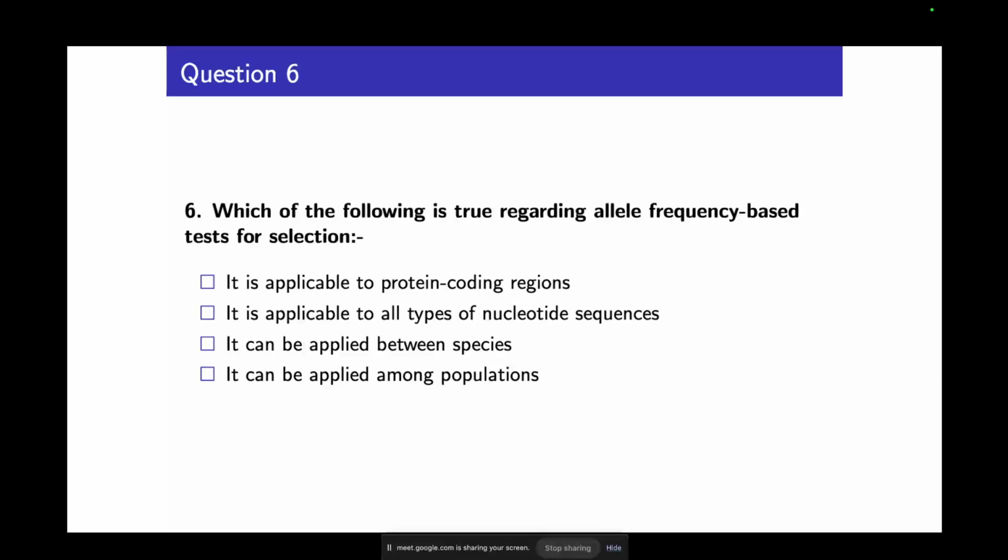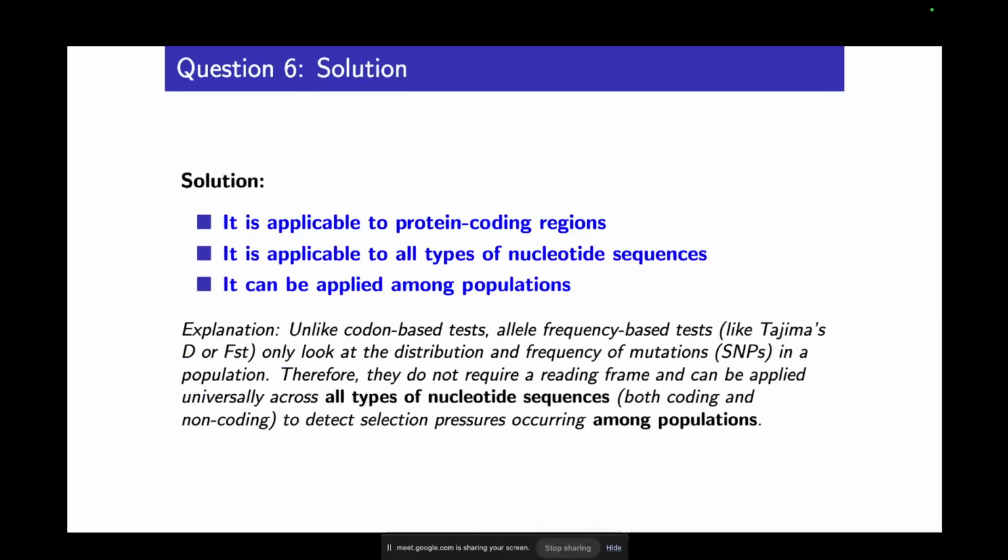Calculating frequency of the variants and comparing between interspecies is not the correct way to do it because you will not get anything, because the contexts are widely different. It can be applied within species among populations, right? So, for example, European versus South Asian, what is the allele frequency difference for a particular set of variants? That makes sense, but not between humans and chimpanzees.